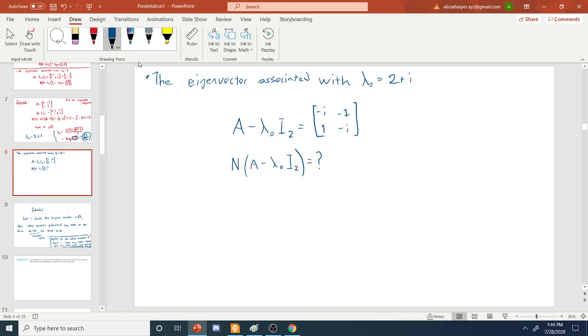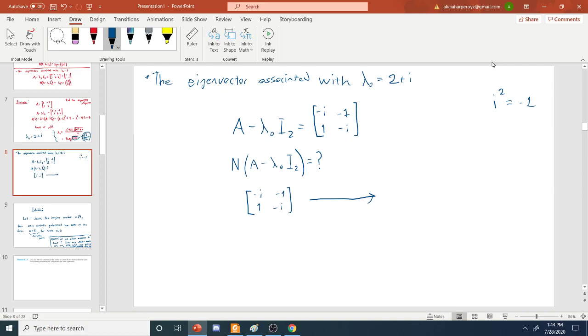So in order to do this, I'm going to do a row reduction, and I'm going to use the fact that i squared is equal to negative 1. So I have negative i, negative 1, 1, negative i.